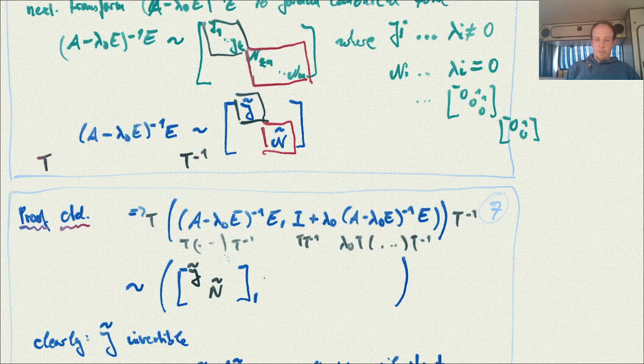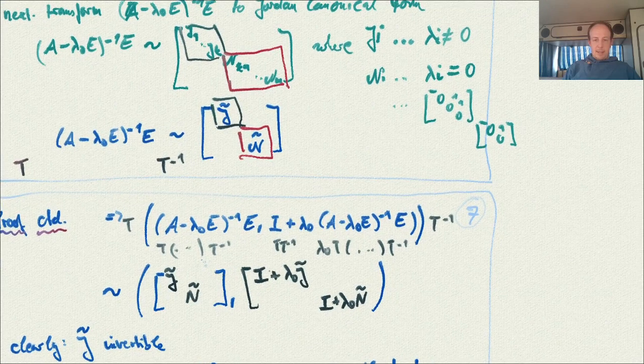So we get more or less the same, meaning the identity plus lambda 0 times this Jordan matrix, and same here, I plus lambda 0 N tilde.